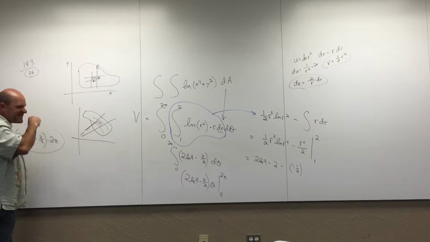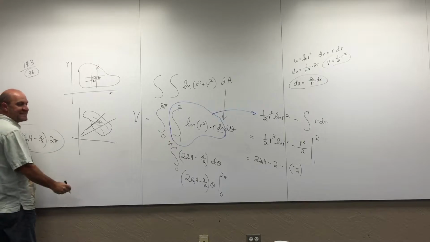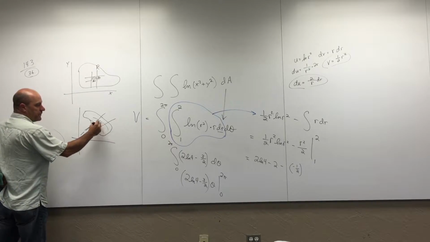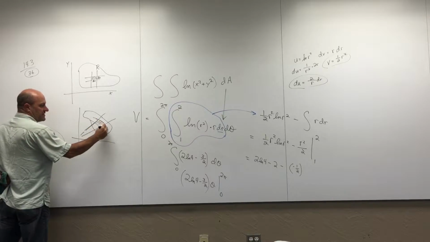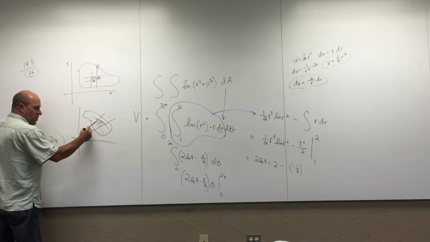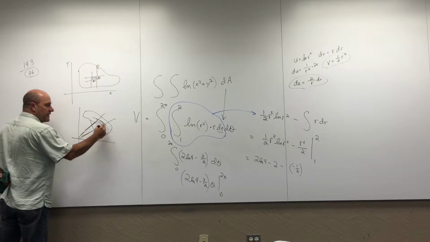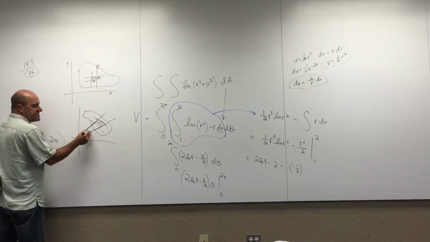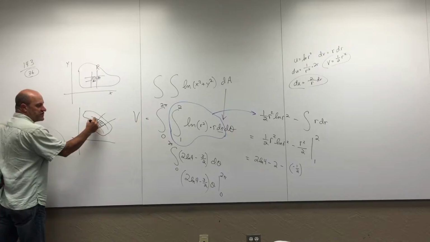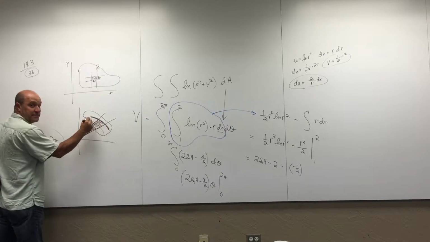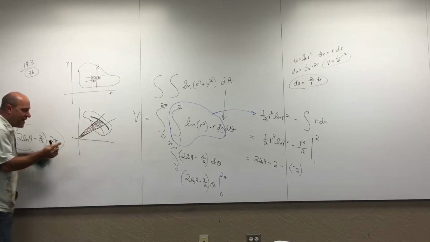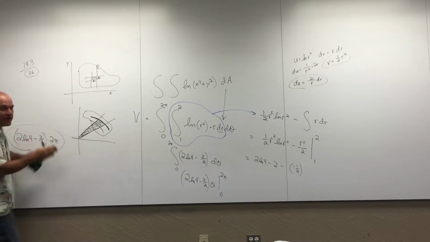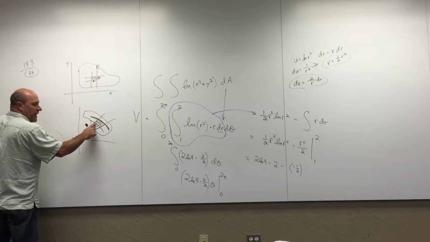It's estimated to be a sector of a circle. Actually, if it was all the way down to here, that would be a sector. That's called a sector of a circle, if this is a circle. And for very small little changes in theta, we can call that a circle.